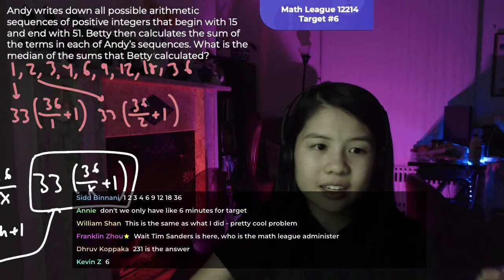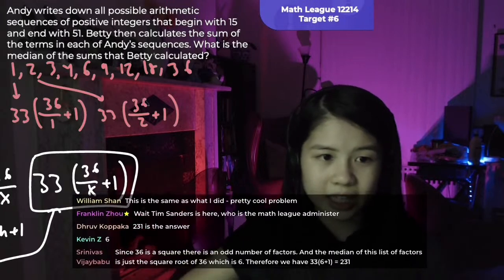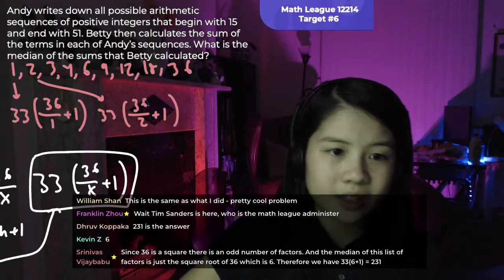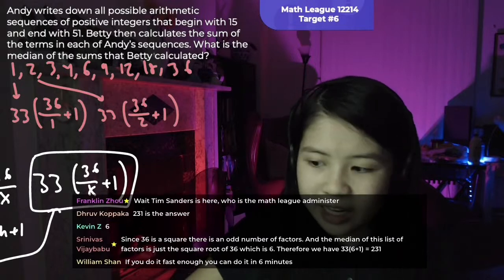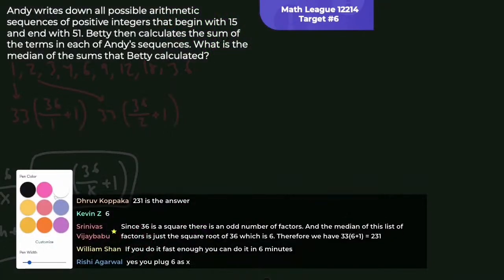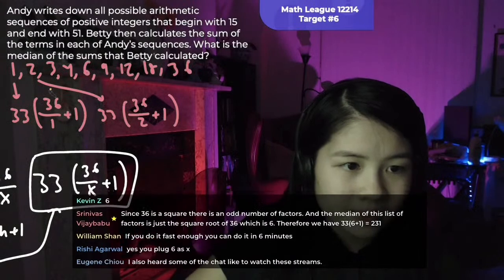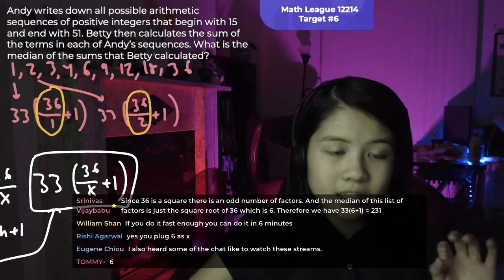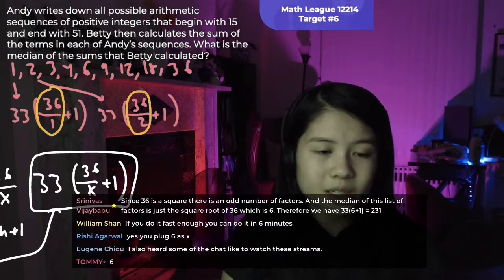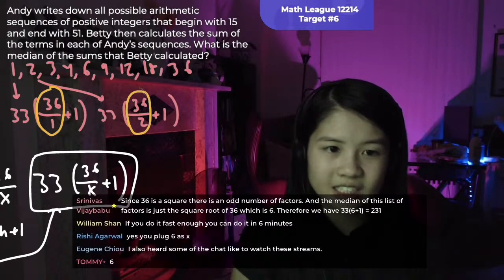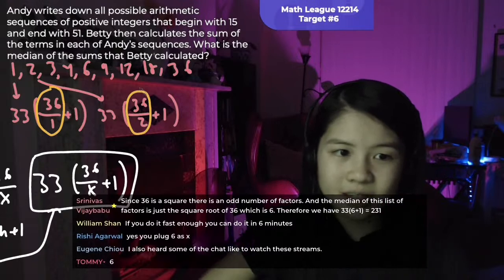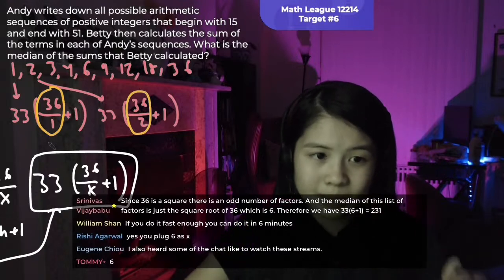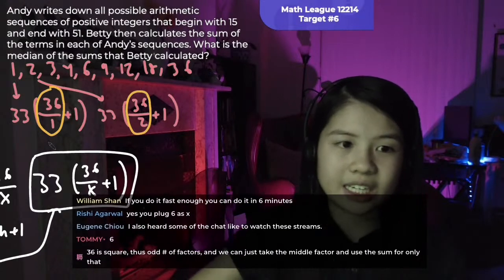Notice that as we go along the line, there's only one part of this expression that changes, and that part is this fraction right here. If the denominator gets bigger, then what happens to the entire fraction? It gets smaller, because if you're dividing by more, the entire quantity gets smaller.